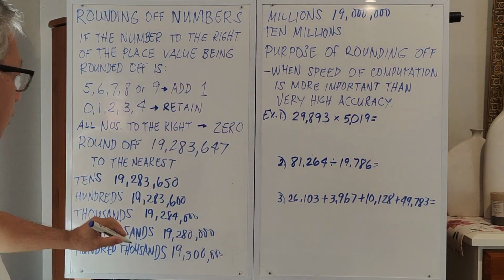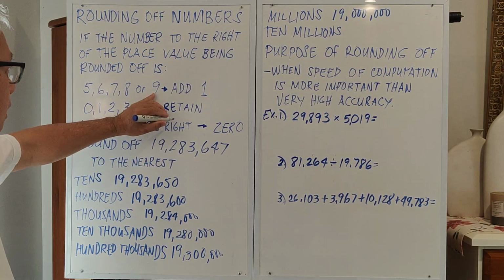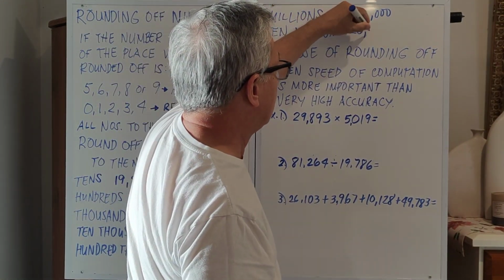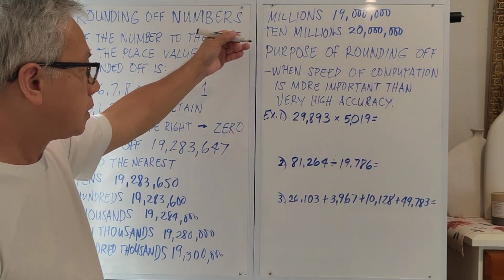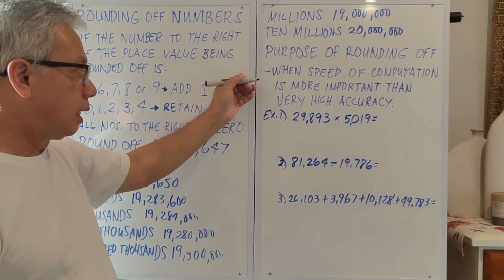If we want to round it up to the nearest 10 millions, the 10 millions number is this one, the number next to it is 9, so we add 1 to this number. It becomes 20 million.